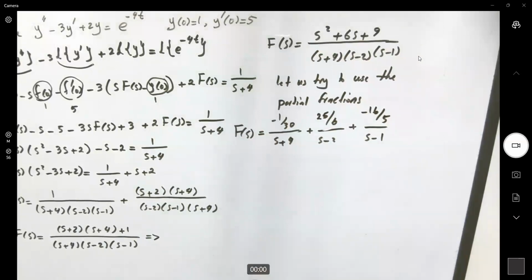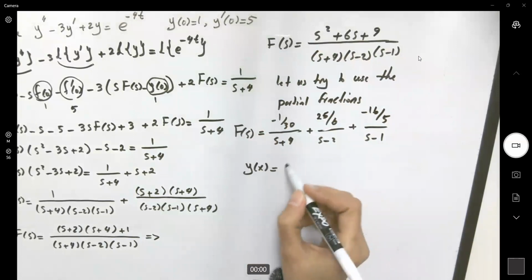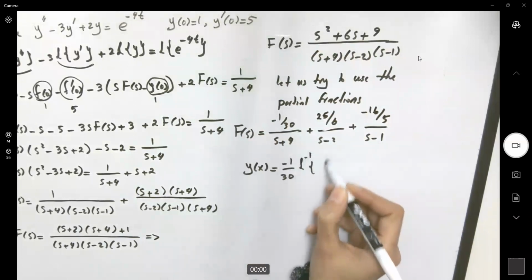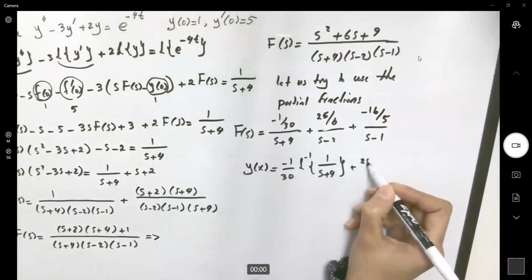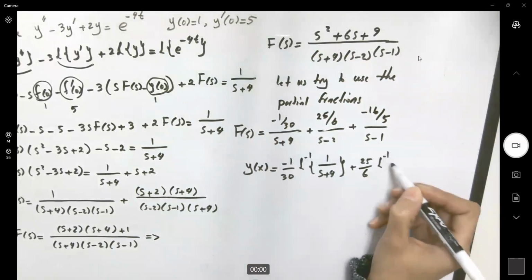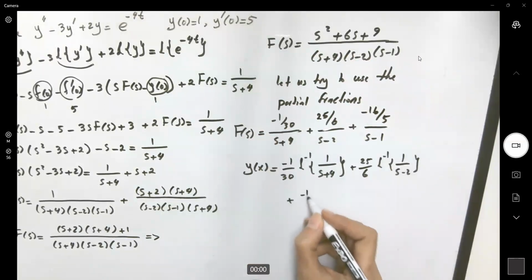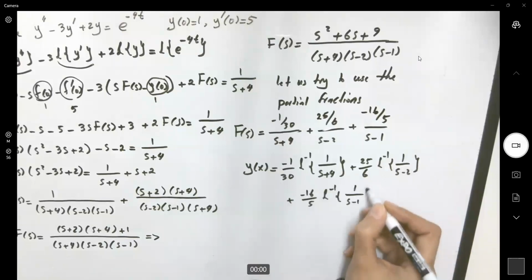To find the solution, y of x is equal to negative 1 over 30 times the inverse Laplace of 1 over s plus 4, plus 25 over 6 times the inverse Laplace of 1 over s minus 2, plus negative 16 over 5 times the inverse Laplace of 1 over s minus 1.